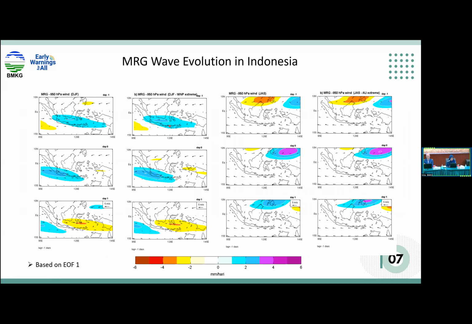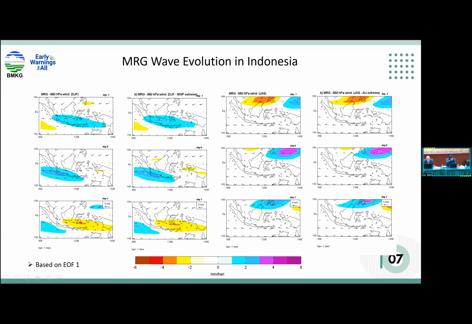So this is the evolution of the MRG wave in Indonesia. The two left panels are for the evolution during the ASEAN monsoon, and the two right panels are for the evolution during the Australian monsoon.